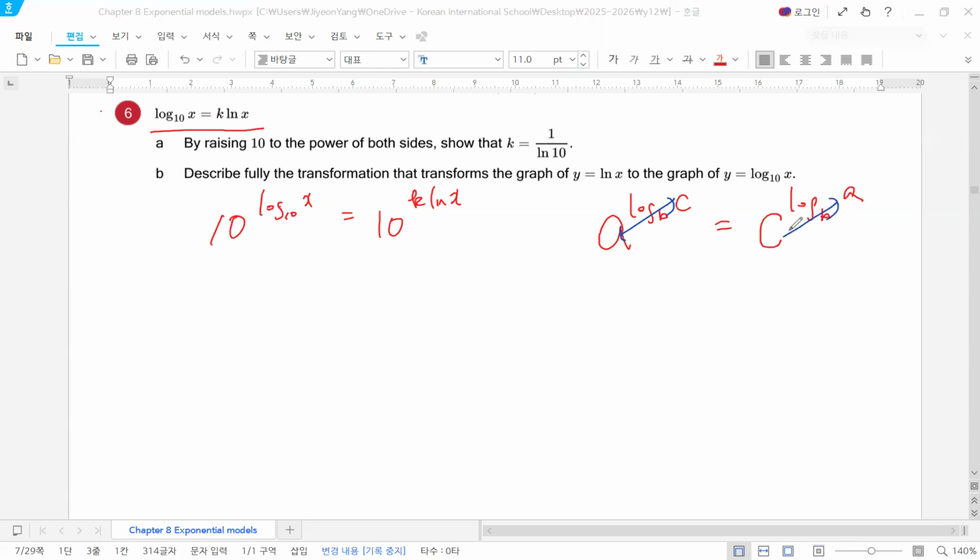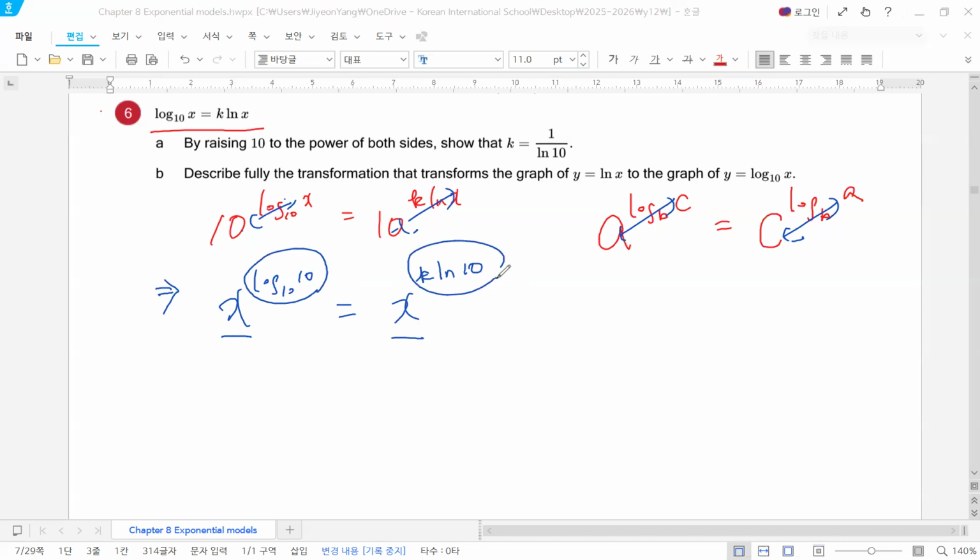After switching, we can write it as x^(log10 10), and then x^(k ln 10). Students, do you understand? And then since the base is the same, you can write that this one is the same as this one.